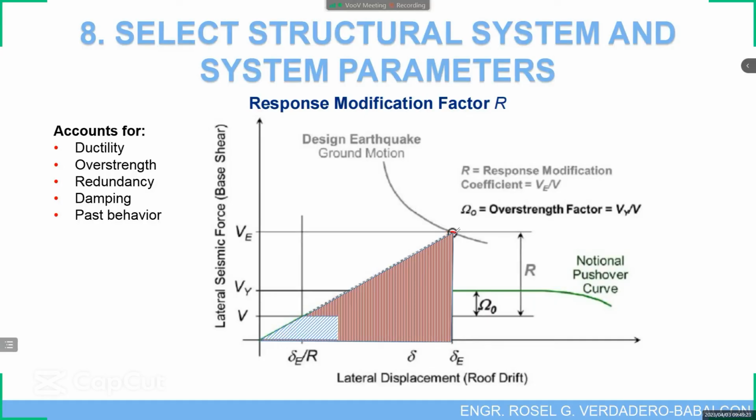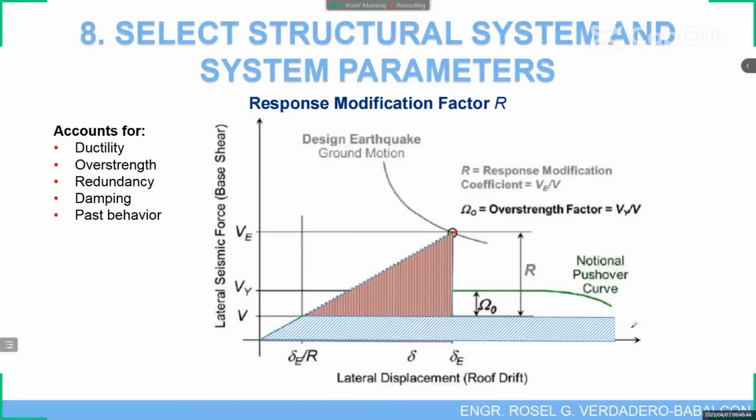But if you are going to use the response modification factor, the base shear that we are allowed to design our structure for will be reduced, and the lateral displacement of our structure is expected to increase.